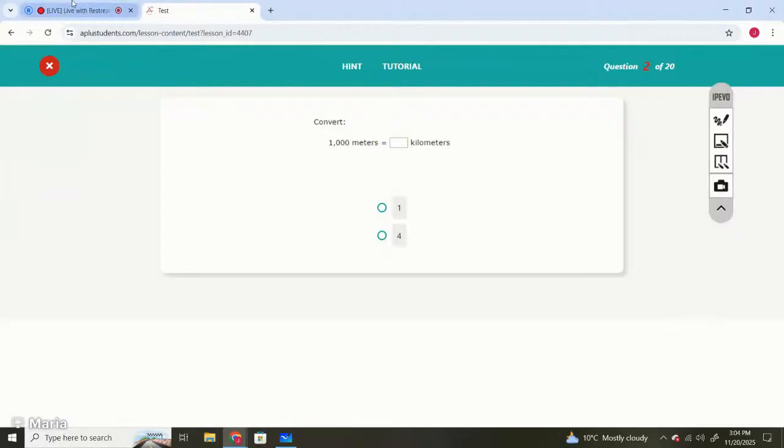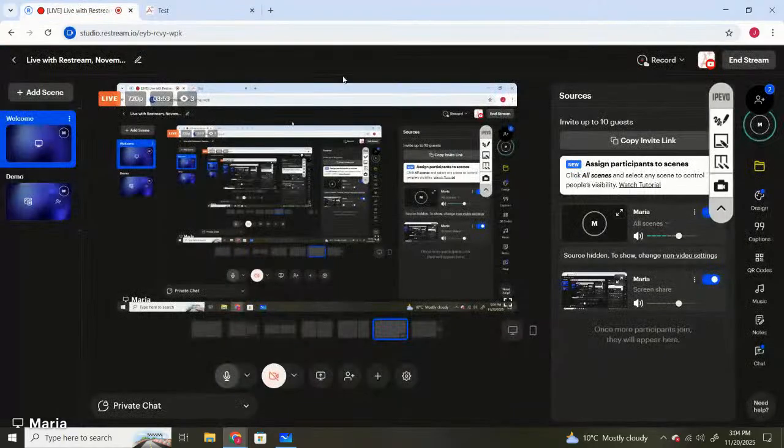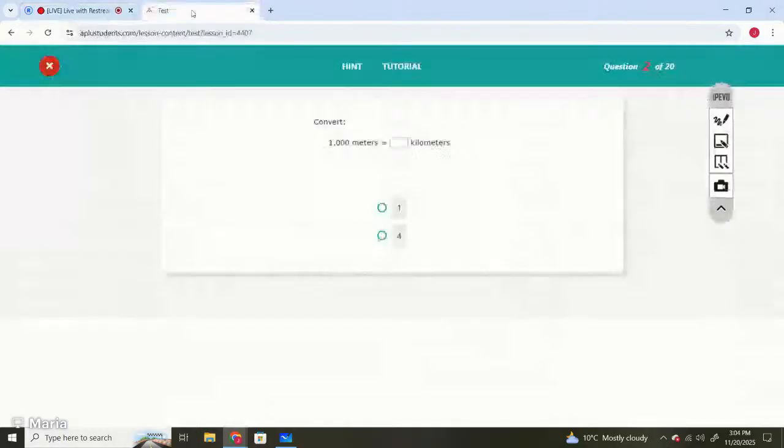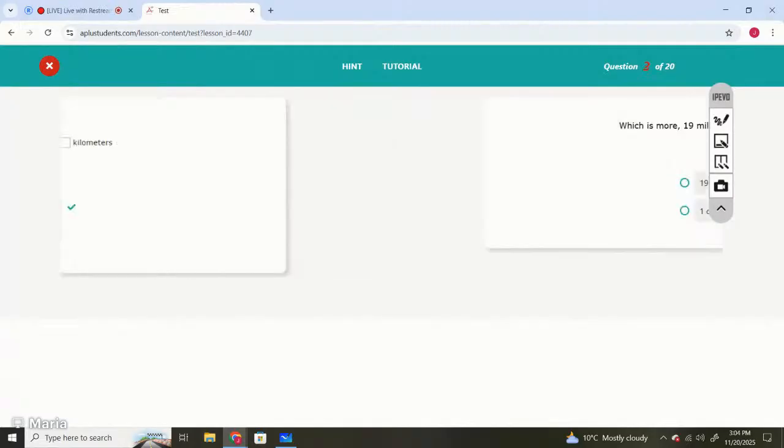Next, 1000 meters equal 1 kilometer. The correct option is 1 kilometer.